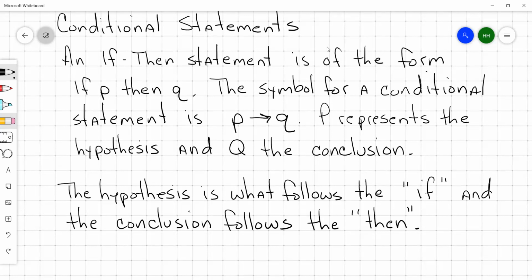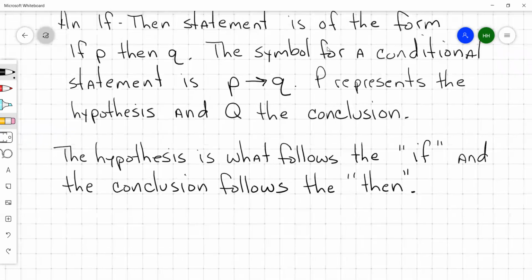So today you're going to be asked to identify the hypothesis and the conclusion of a conditional statement. And then you're going to be asked to write a converse, inverse, and a contrapositive of that statement. Here's the way this will work.